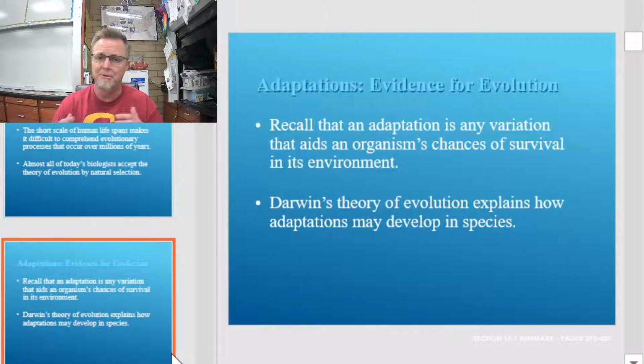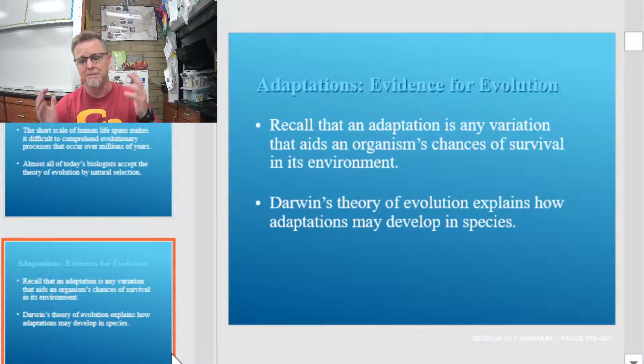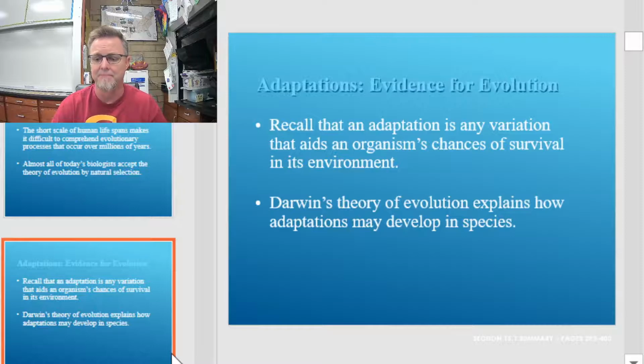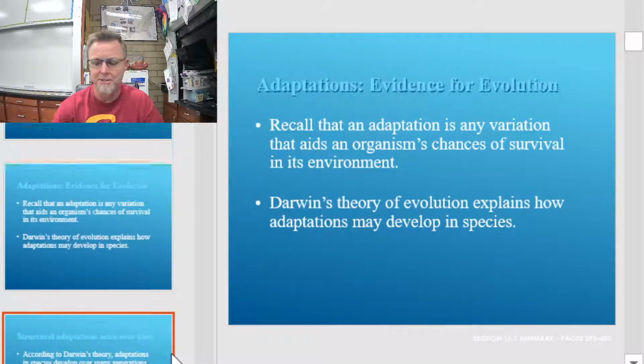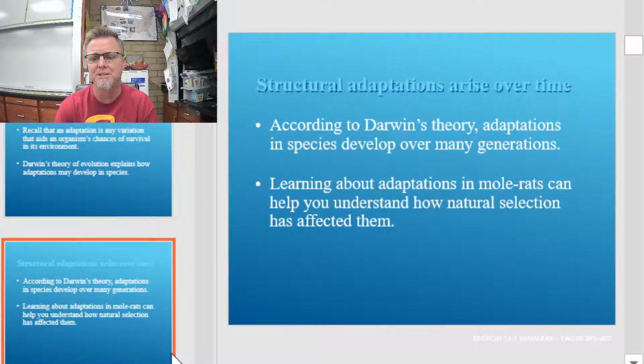So remember, if you're born with advantageous adaptations, then the likelihood of you becoming lunch for a predator goes down. So in Darwin's theory of evolution, we get a better understanding of how these adaptations might be passed on to future generations. According to Darwin's theory, adaptations in species develop over many generations.